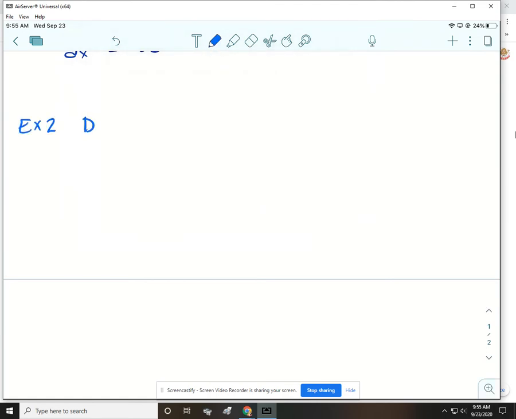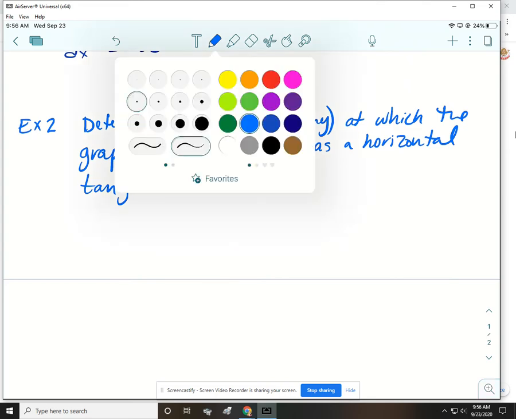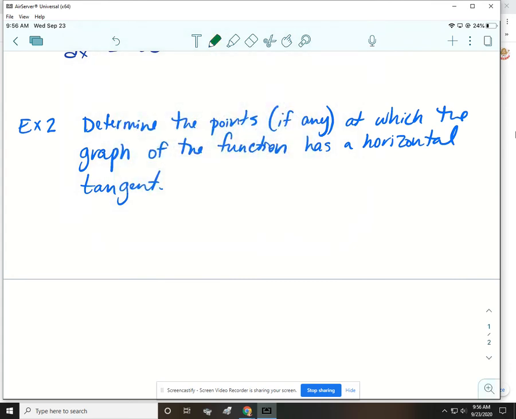So for example 2, we're going to determine the points, if any, at which the graph of the function has a horizontal tangent. All right, so think about what it means for a graph to have a horizontal tangent.